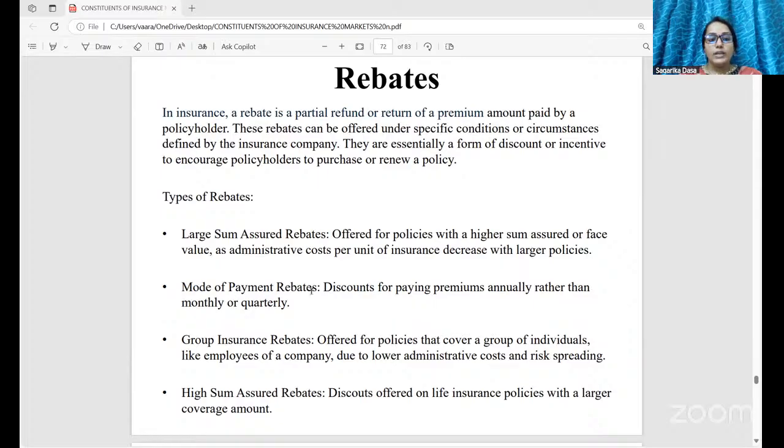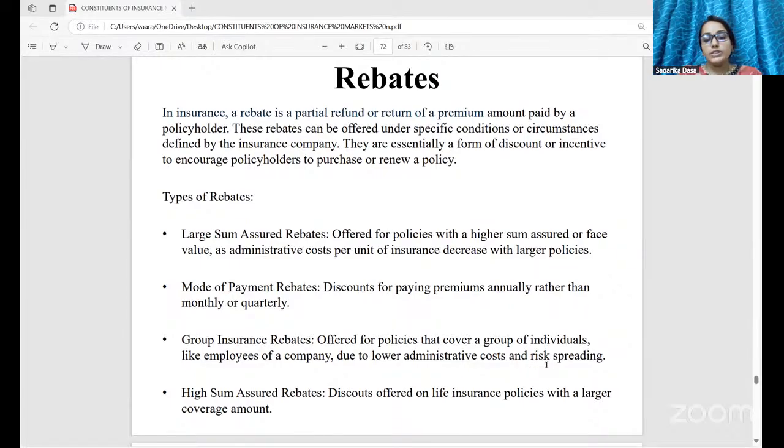Mode of payment rebates: discount for paying premium annually rather than monthly or quarterly. Rebates are usually available for annual payments. Rebate is not applicable to the monthly or quarterly period. Group insurance rebates, offered for policies that cover a group of individuals like employees of a company, due to lower administrative cost and risk spreading.